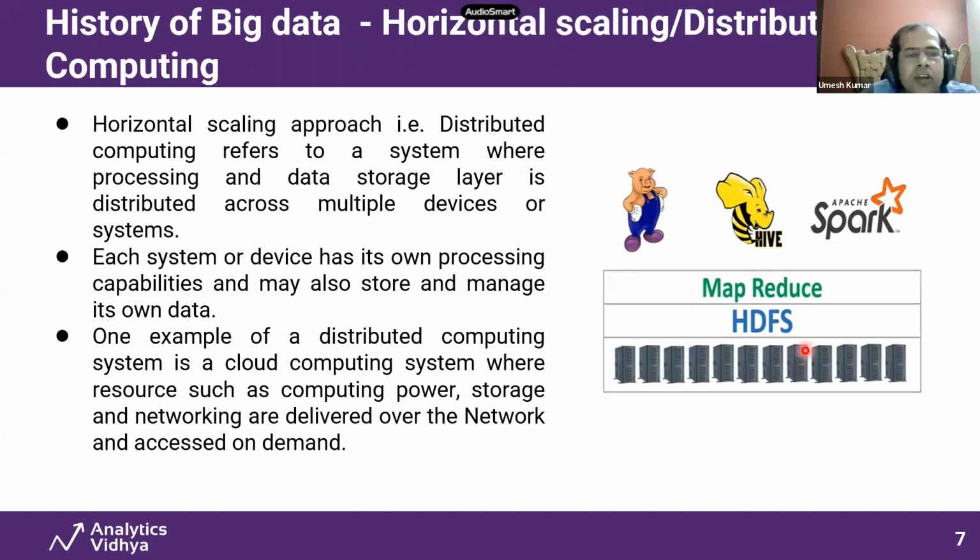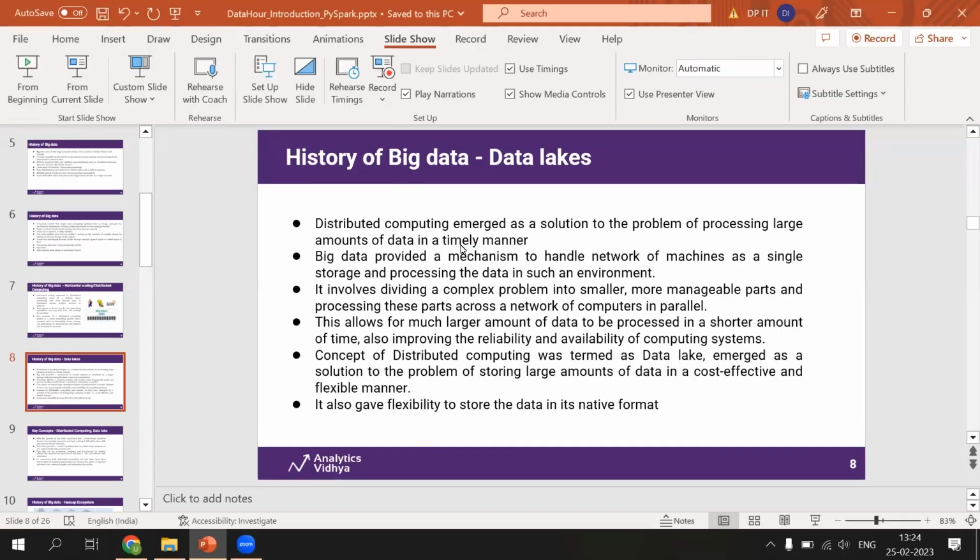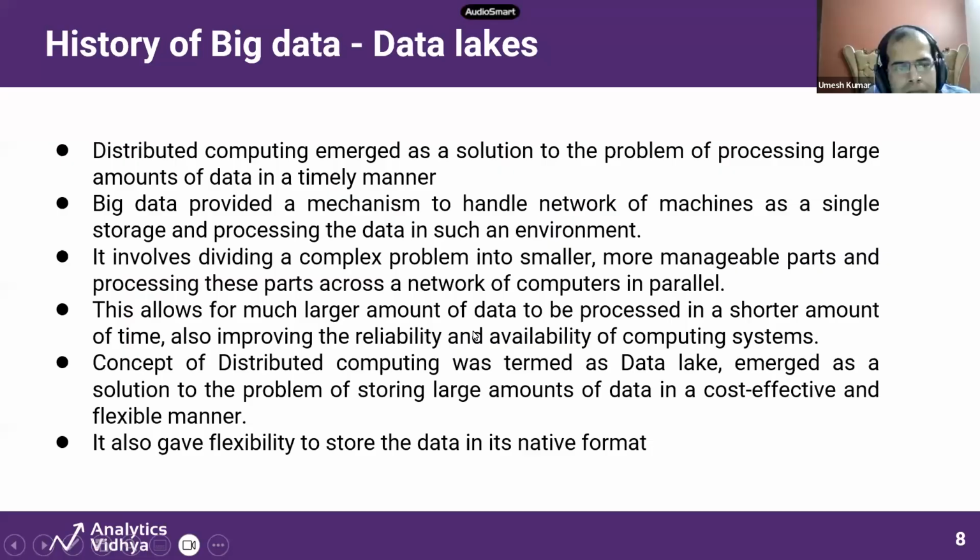So big data was the mechanism which provided this, to handle all the machines as a single storage, because under the hood, multiple machines were used. But when you talk about the users, big data provided a mechanism to handle the network of machines, storage, and data environment.